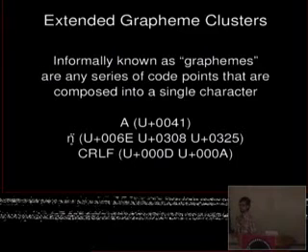Commonly in the Perl world, you will hear this referred to simply as a grapheme. A lot of Unicode folks have problems with that because it technically means something different, but you'll see grapheme everywhere in the Perl world to mean extended grapheme cluster. Does plain grapheme have a different meaning in Unicode? It's slightly different, but they're along the same lines.